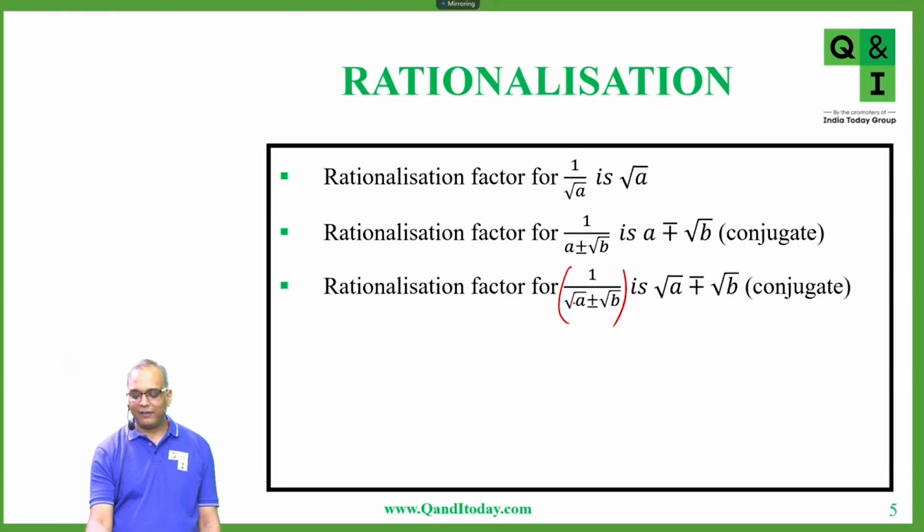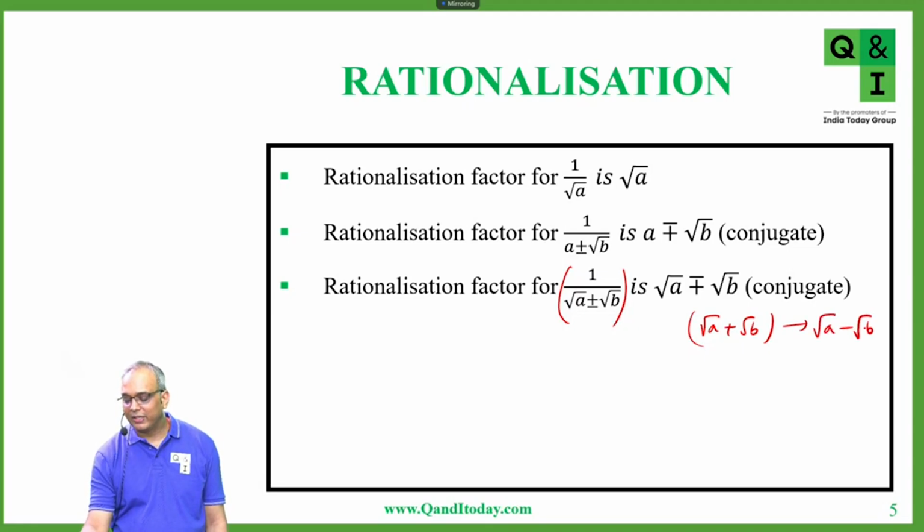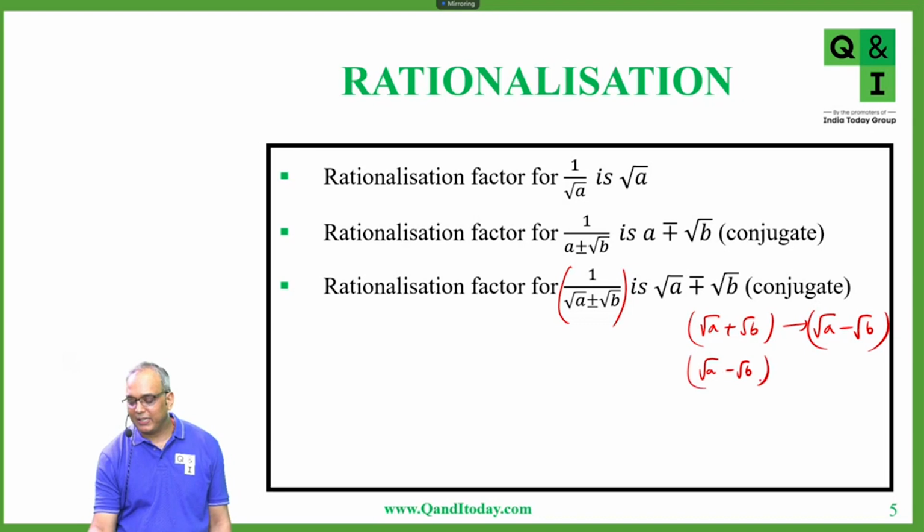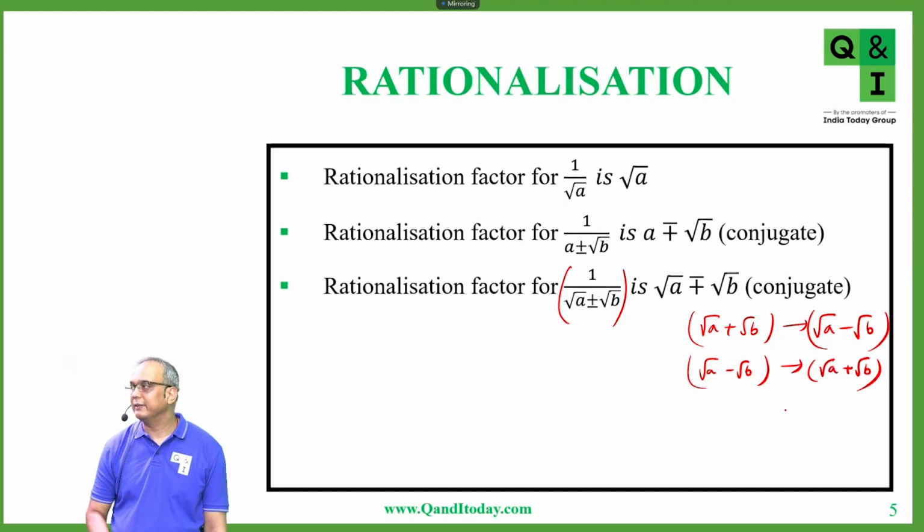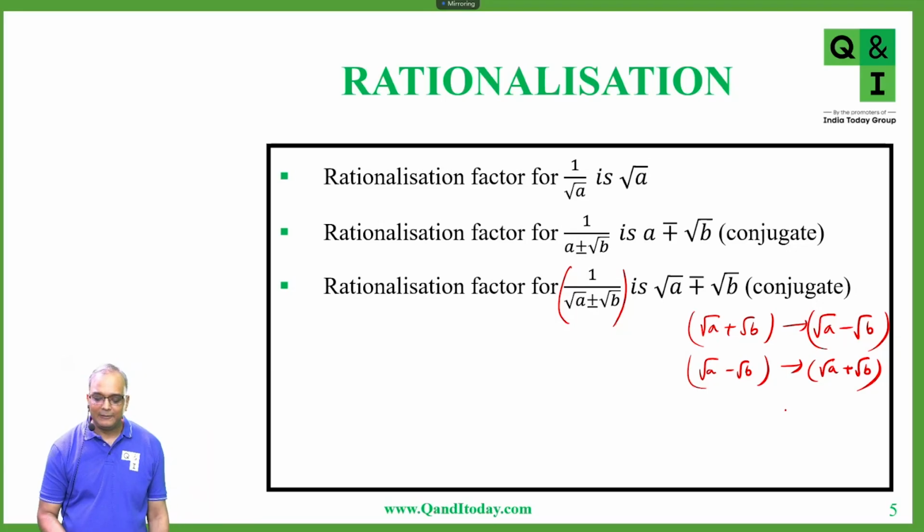If you have a square root there with a as well, meaning both are irrational numbers, root a and root b, then again the conjugate would be its rationalization factor. So root a plus root b will have a conjugate of root a minus root b, and root a minus root b will have a conjugate of root a plus root b. Is this clear?